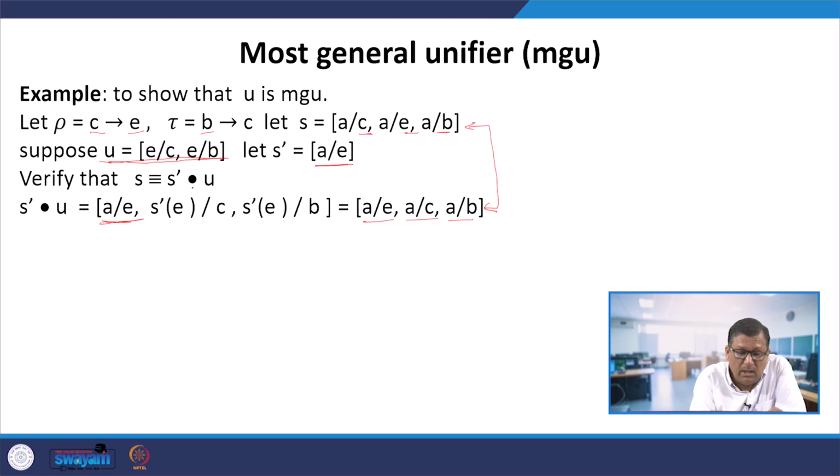Thus, u is an m.g.u. As we can see, this substitution involves 2 variables and this substitution involves 3. This is also a substitution, this is also a substitution, but this one is most general. That means it has the least constraints. This is the idea of the m.g.u.